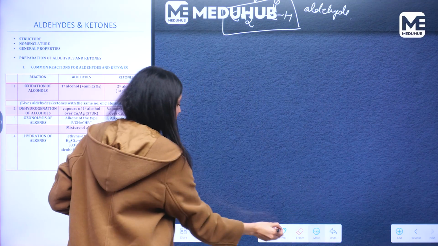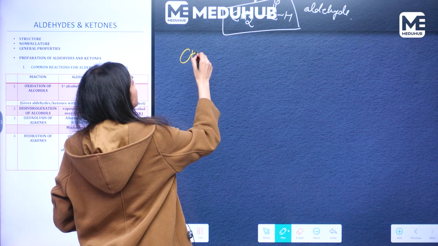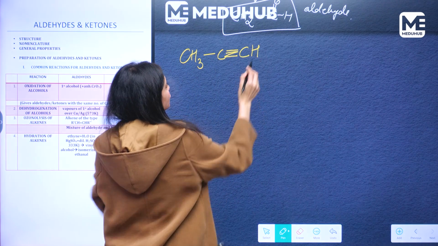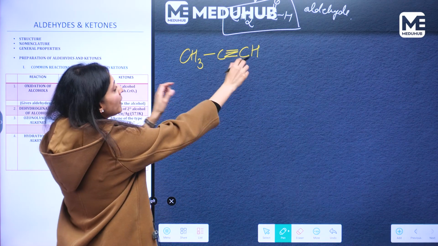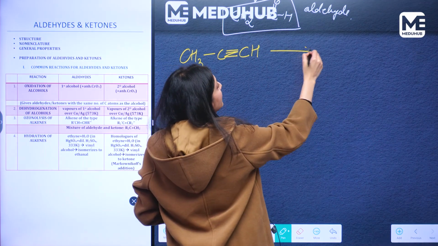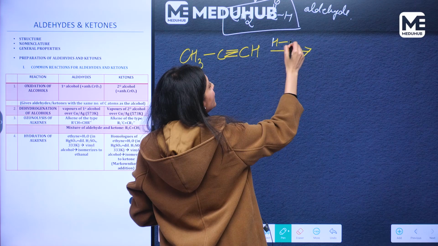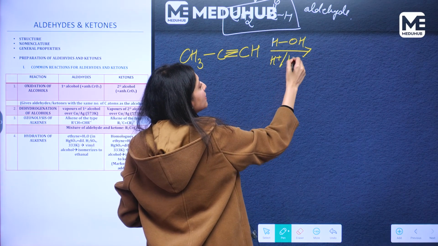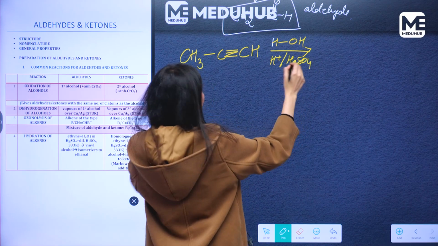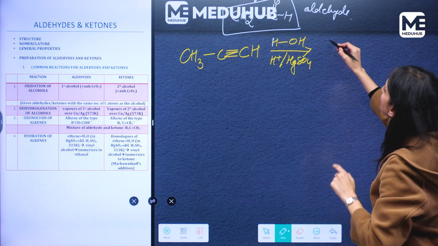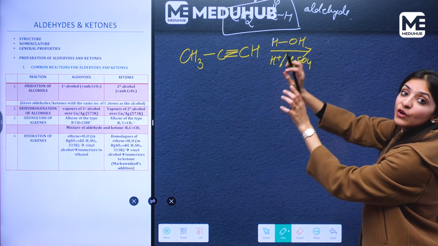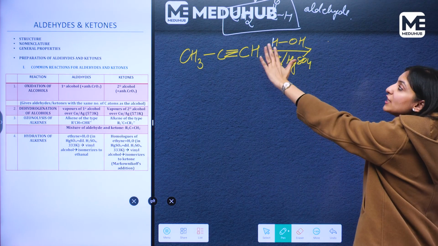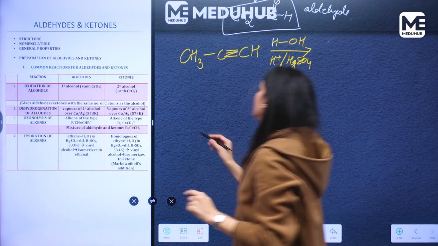We have CH3C triple bond CH, a propyne molecule. When it adds on a molecule of water, HOH, in the presence of acid and mercuric sulfate, what will happen here? Markovnikov's addition will take place. So OH is the negative part of the addendum, H plus is the positive part.